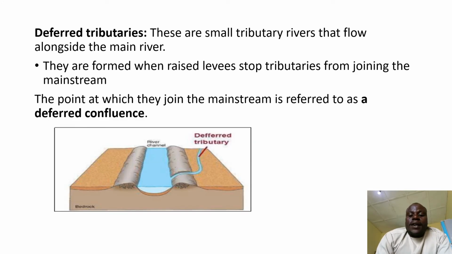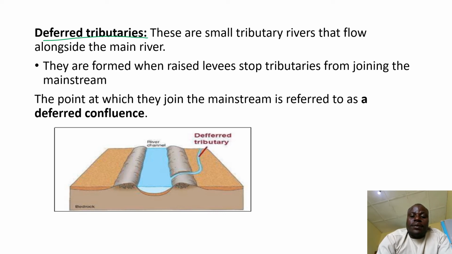We have deferred tributaries. These are smaller tributaries or rivers that flow alongside the main river. They are formed when raised levees stop the tributaries from joining the main stream. Therefore, since they are stopped, they begin flowing alongside the main river.